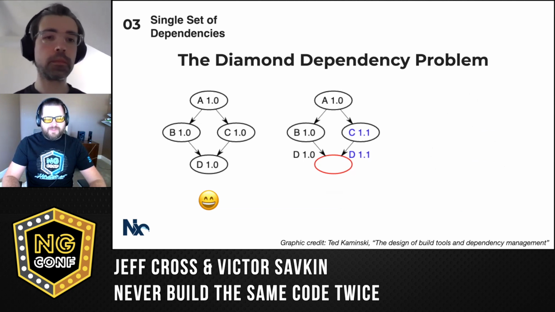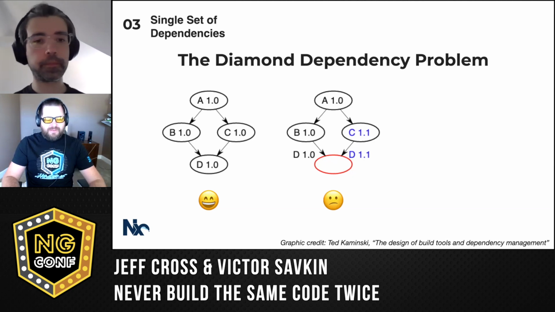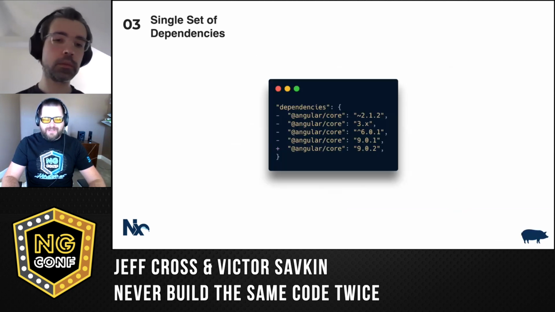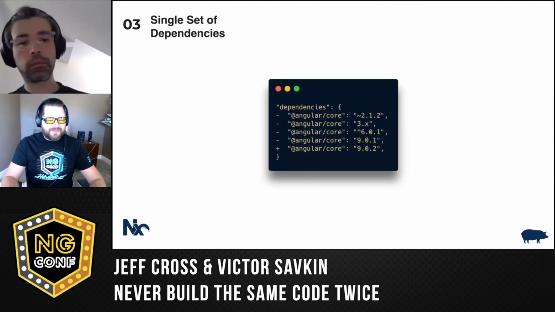If you have something where you depend on different versions of that third-party library, then you get to a point where you end up having to have two versions of that third library deployed. And this gets into a real problem with JavaScript applications, or really anything that has instanceof checks at runtime, like Angular.